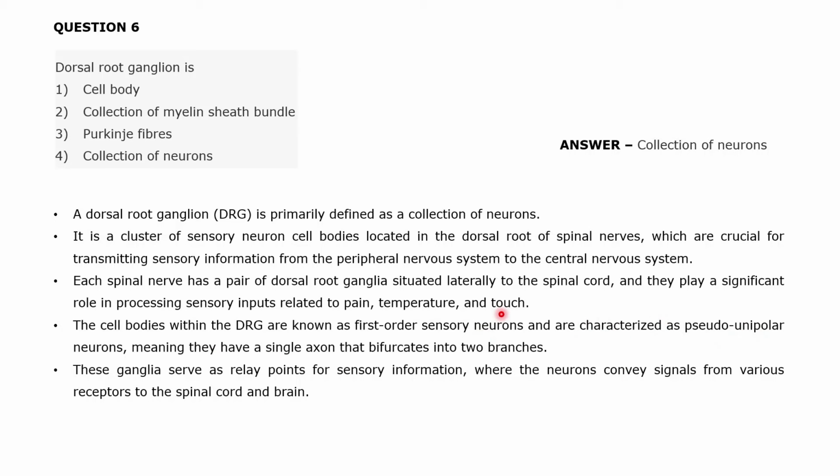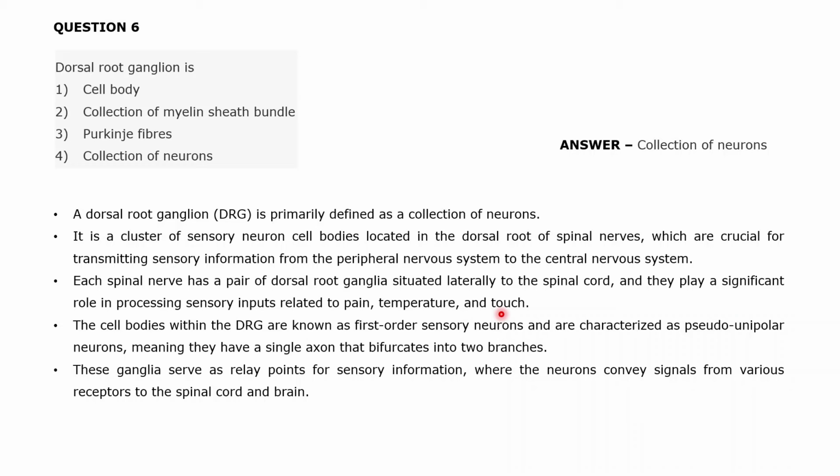So basically neurons are of different types. One type is myelinated or unmyelinated neurons, which I have discussed earlier, and the second is based on the number of axons that are present. It can be unipolar, bipolar, multipolar, or pseudo unipolar. In case of unipolar, if the cell body consists of only one axon protruding from it, it is called unipolar.